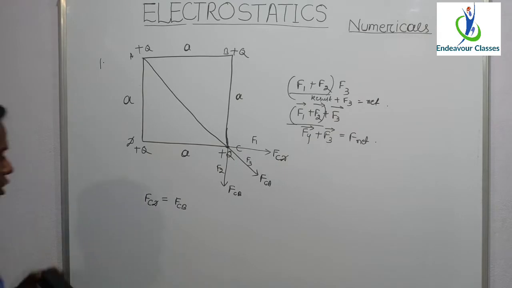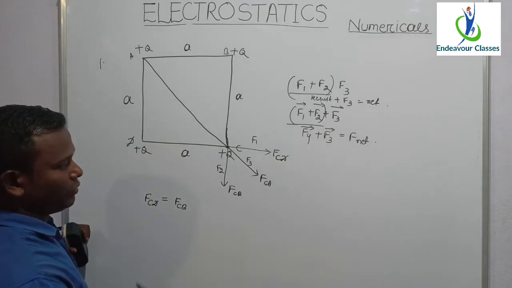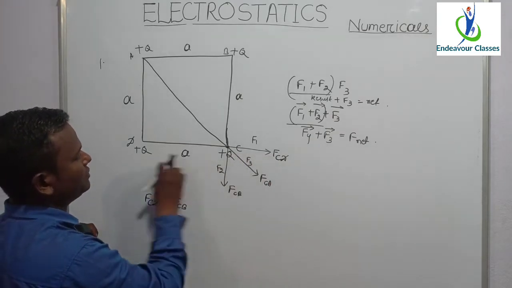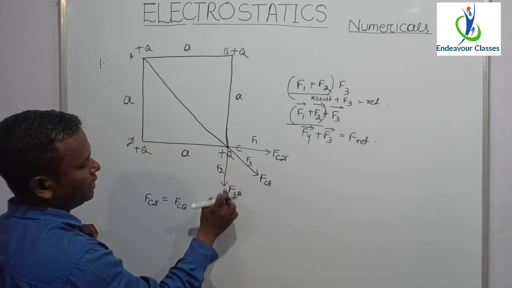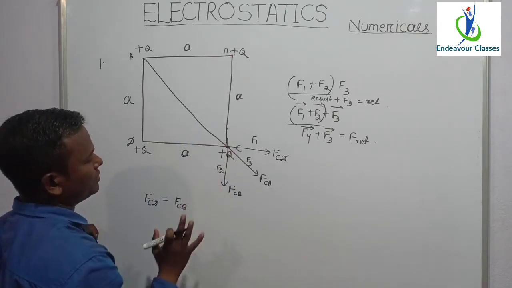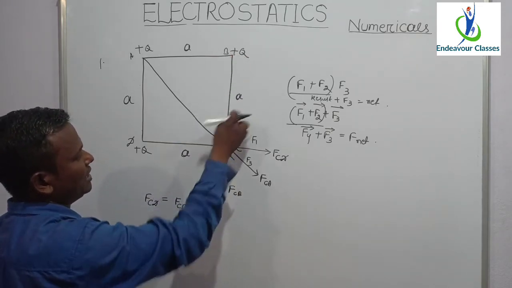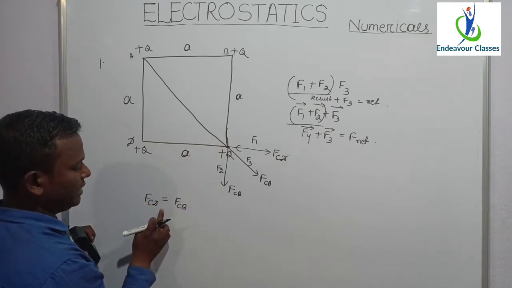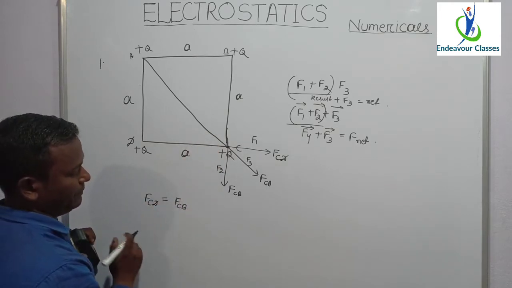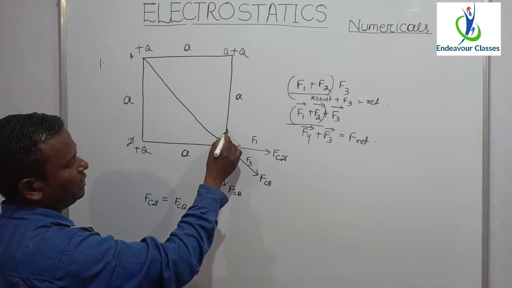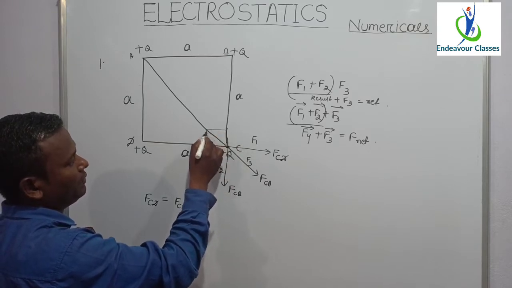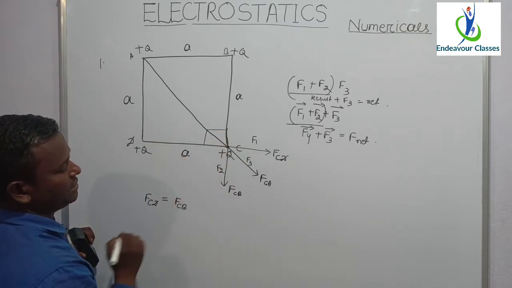So let us find out. Here FCD is equal to FCB because FCD is between plus Q and plus Q, and FCB is also between plus Q and plus Q, and both are separated by the distance a. So FCD will be equal to FCB, and the angle between FCD and FCB is 90 degrees.